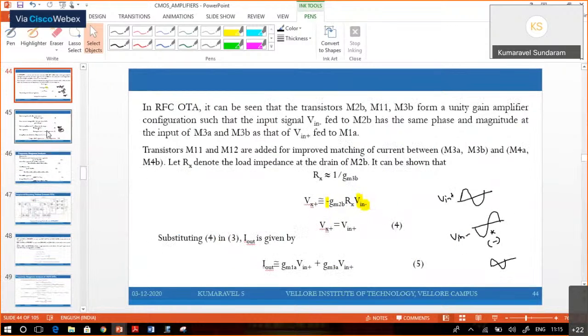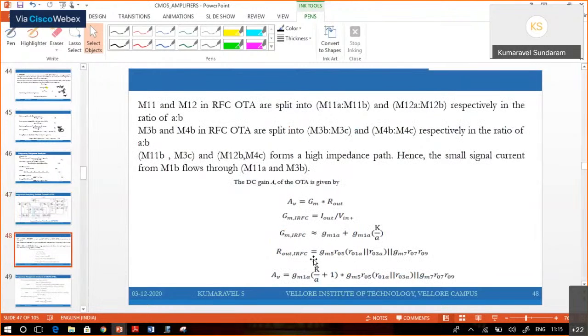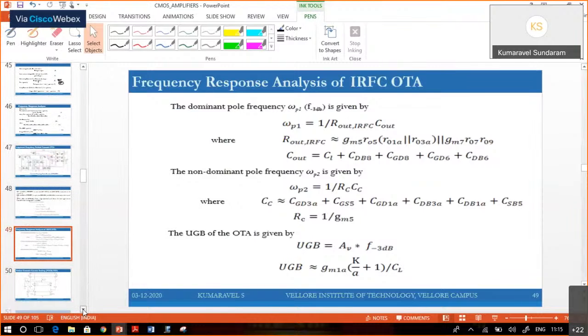Like that, there are so many topologies. One more topology has come: the improved recycling folded cascode. Here also the GM is enhanced by K by A times. The purpose is to reduce the input referred noise voltage, for which the transconductance has to be maximized. So these topologies are all helpful. Now coming to the low noise design.